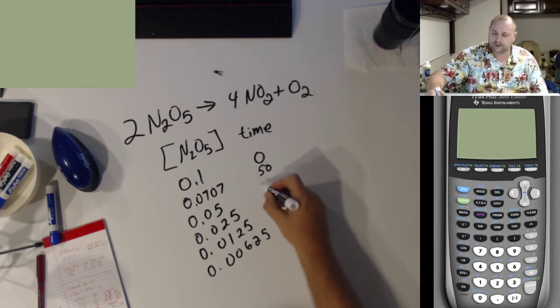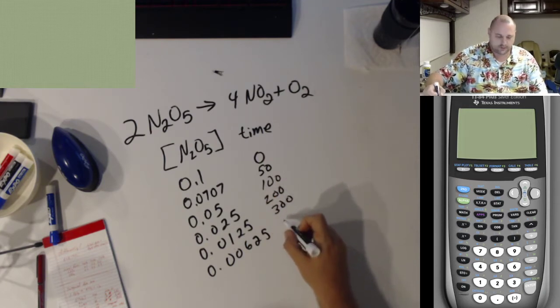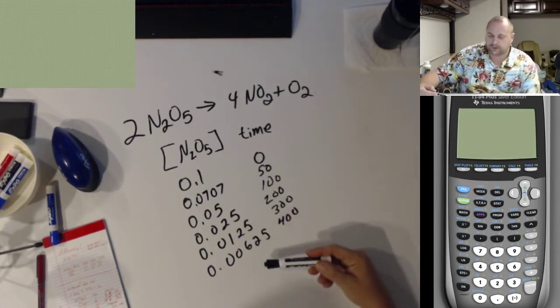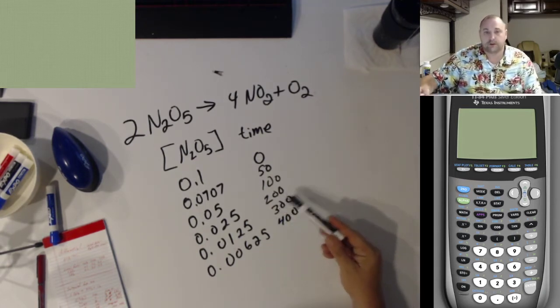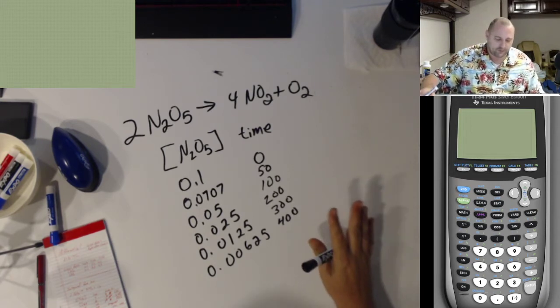So this is at 50, and 100 and 200, and they did 300 and 400. All right. Now, after a while you kind of learn to look at the data, and you get a pretty good feeling of how these work. But we don't even have to go through all that.